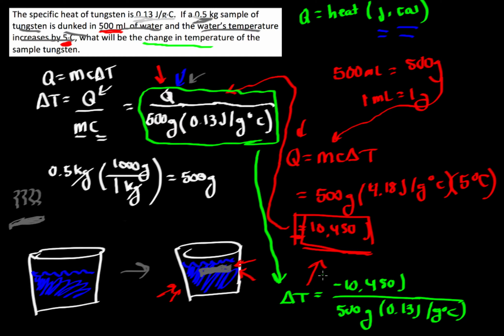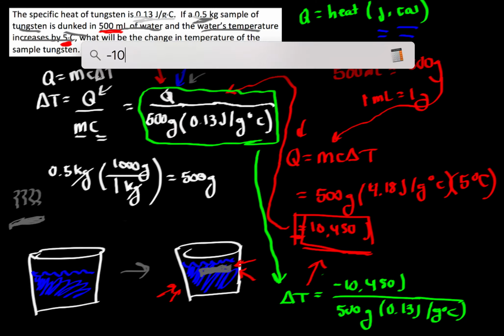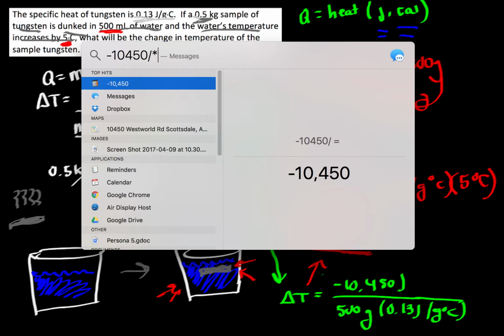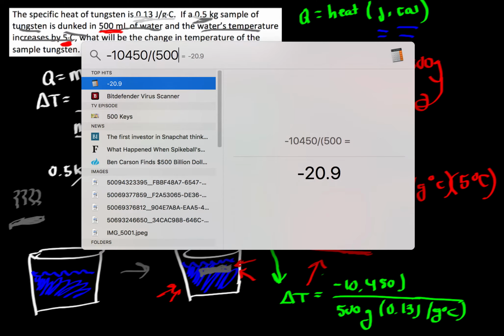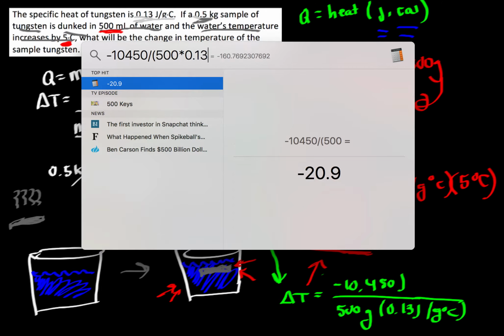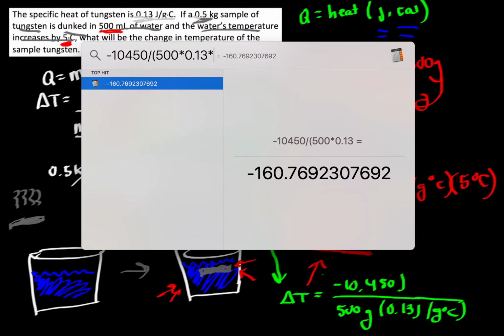And then it's just going to be a matter of putting this into the calculator. 500 times 0.13. That's it. Wait, let me check something real quick. Yeah, that's right. So we now know what our change in temperature is. It is negative 161 degrees Celsius.